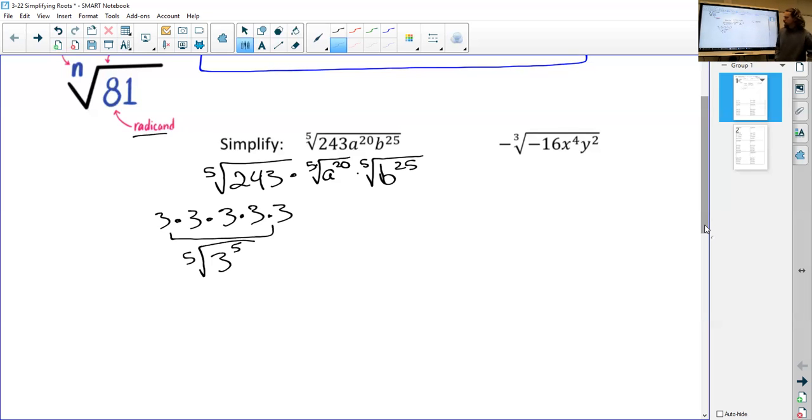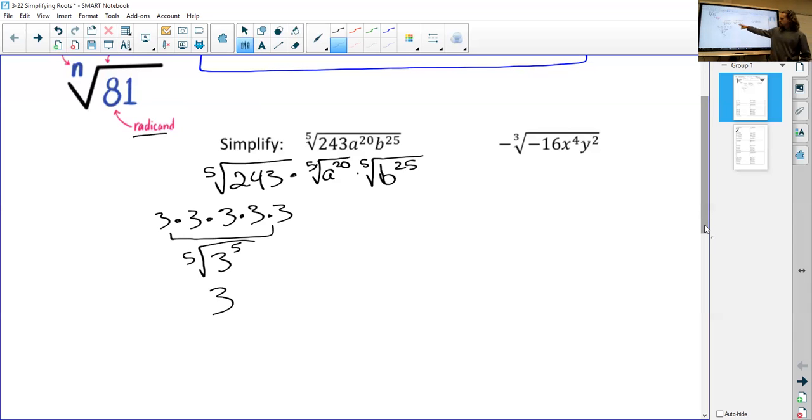So the fifth root of 3 to the 5th is simply just 3. The other way you can think of this is whatever our index is, for every time we can have that many of a digit or a variable, we can pull it outside of our radical. Since we had 5 3's, we know our final answer is we're going to have one 3 on the outside of our radical.